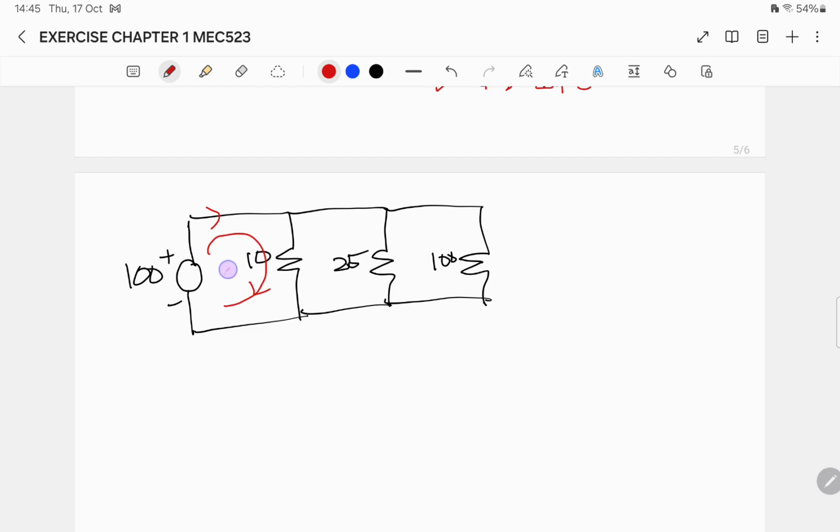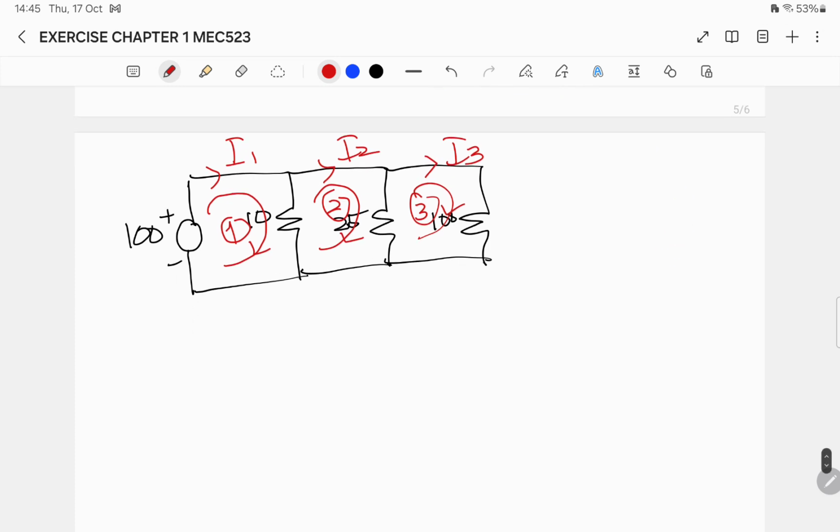First loop, second loop, third loop. Okay, first loop is I1, kat sini is I2, kat sini is I3. 100. Okay. Okay, for first loop, loop 1. Macam mana? Minus 100 plus 10 I apa?